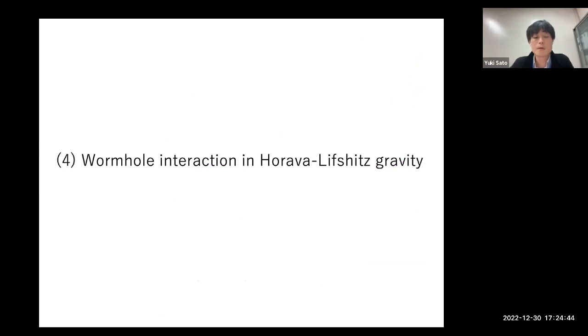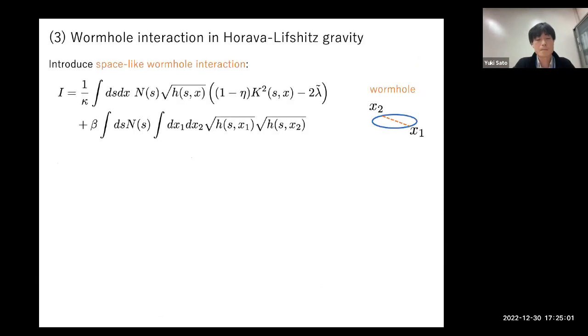Okay. So this is my last section. So far, I have explained how to include the wormholes and baby universes in the CDT setup. But what happens to the Horava-Lifshitz side once you include such effect? Okay, so in the Horava-Lifshitz case, let us consider this action.